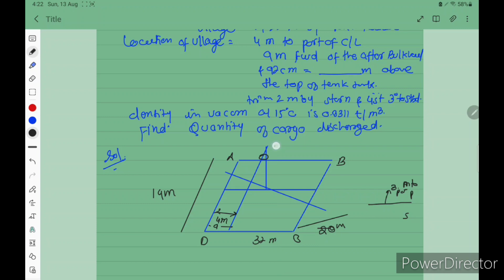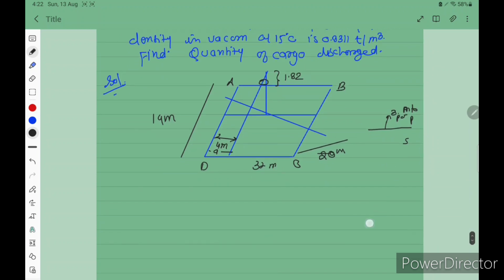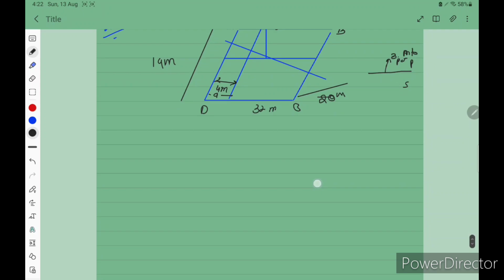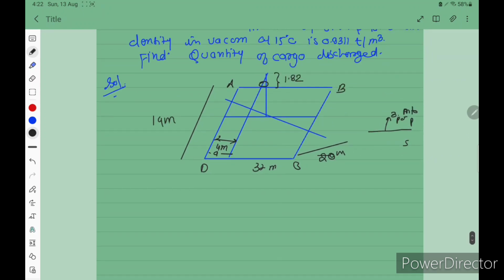And 1.82, that means from the top of the tank, 1.82. Okay, so let's calculate. This diagram you understand? Okay.